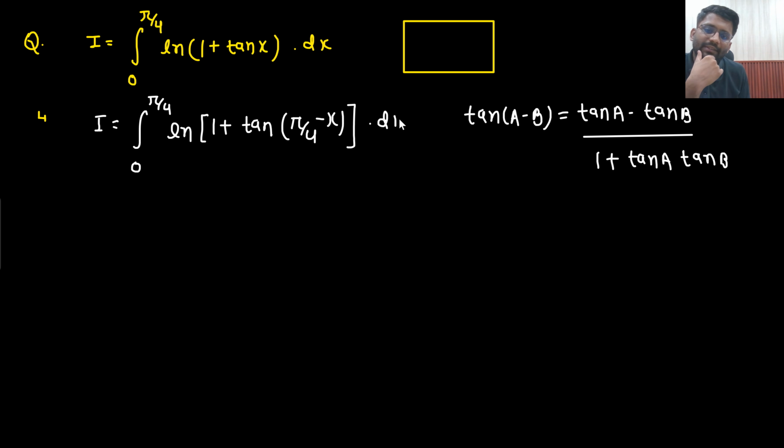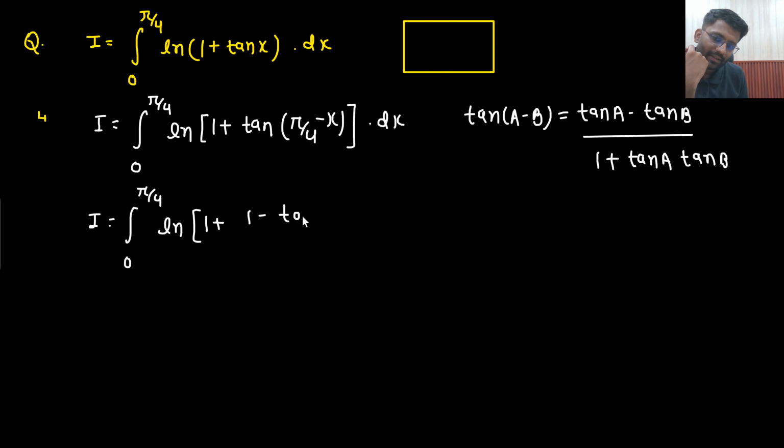So dot dx. So I going from 0 to pi by 4 ln 1 plus tan a minus tan b, tan pi by 4. What is tan pi by 4? That is 1 only. So tan a minus tan b upon 1 plus, what is tan pi by 4? That is 1. Tan a tan b dot dx.